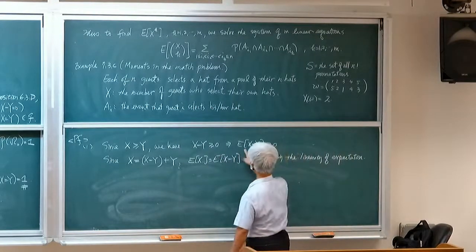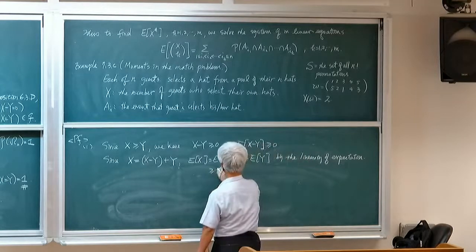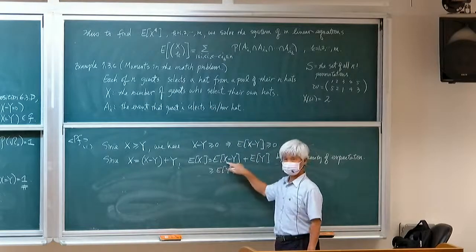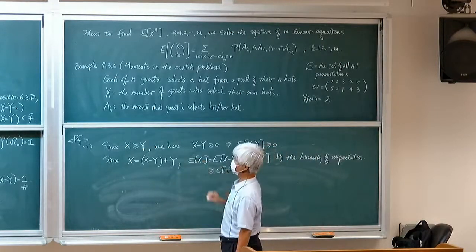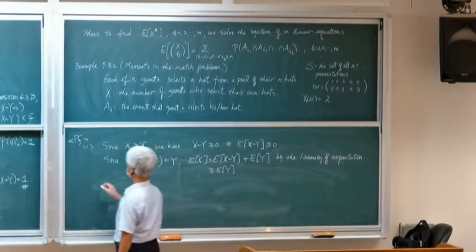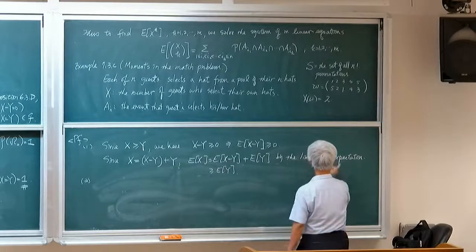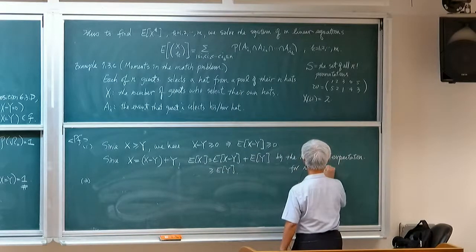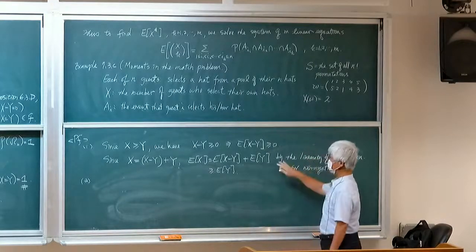And this term is already non-negative, so this is upper bounded by the expectation of y because this term is non-negative. Okay, so the proof is easy, right? That was for non-negative random variables.